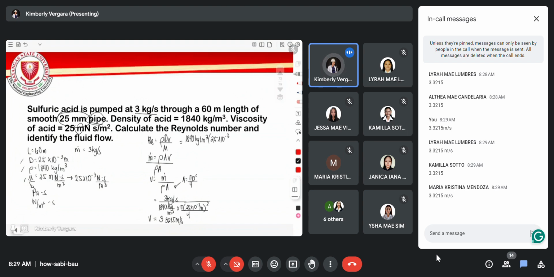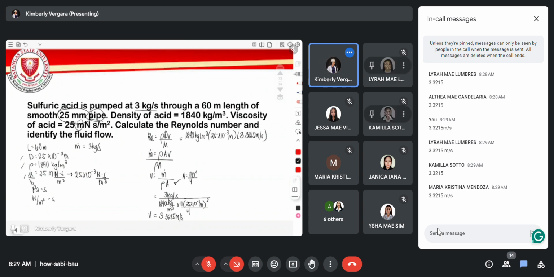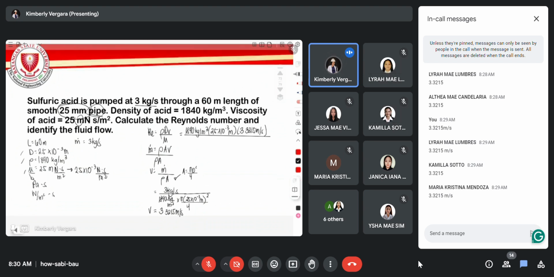Let's substitute: rho is 1,840 kilograms per meter cubed, times the diameter, 25 times 10 raised to negative 3 meters, times the velocity, 3.3215 meters per second, all over by mu, which is 25 times 10 raised to negative 3 Pascal seconds.